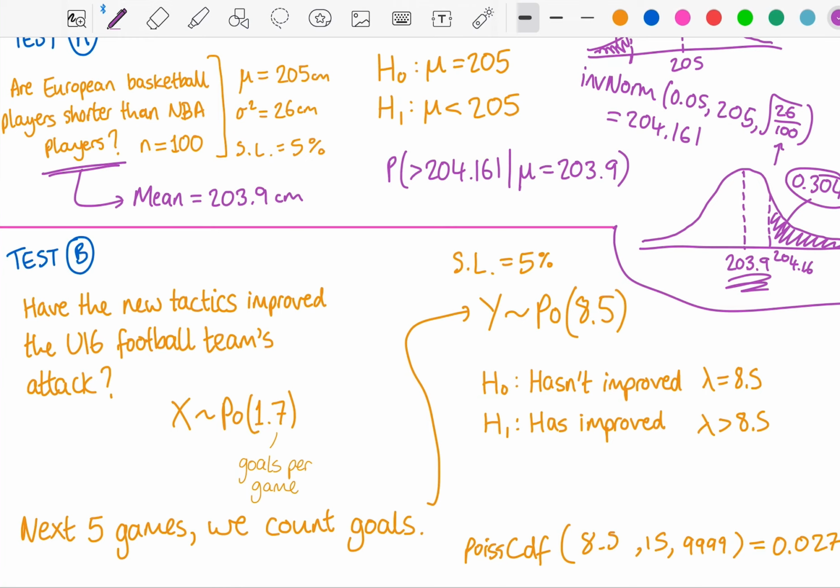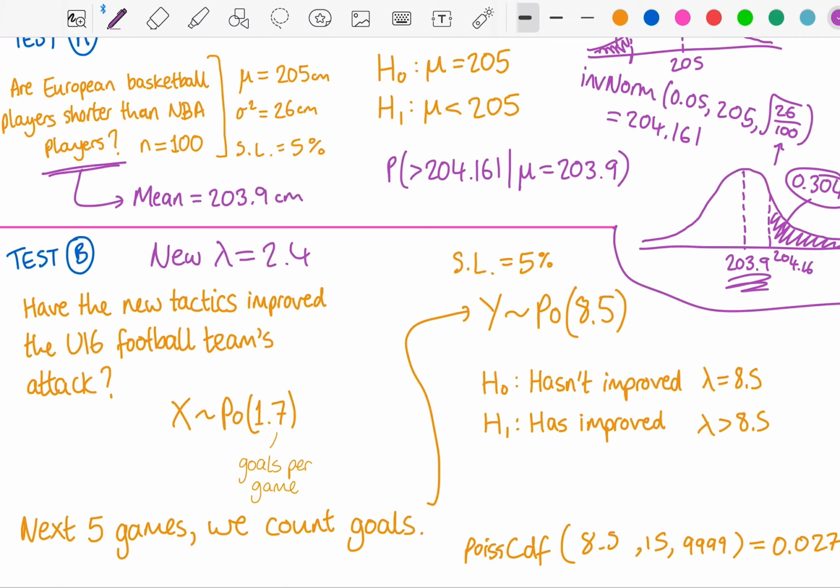So maybe it's later measured over the course of the whole season, or measured in some other way we're not sure of, and it's proven that their new mean is actually 2.4 per game. Really this team is now scoring 2.4 goals per game. What is the probability of not spotting that?